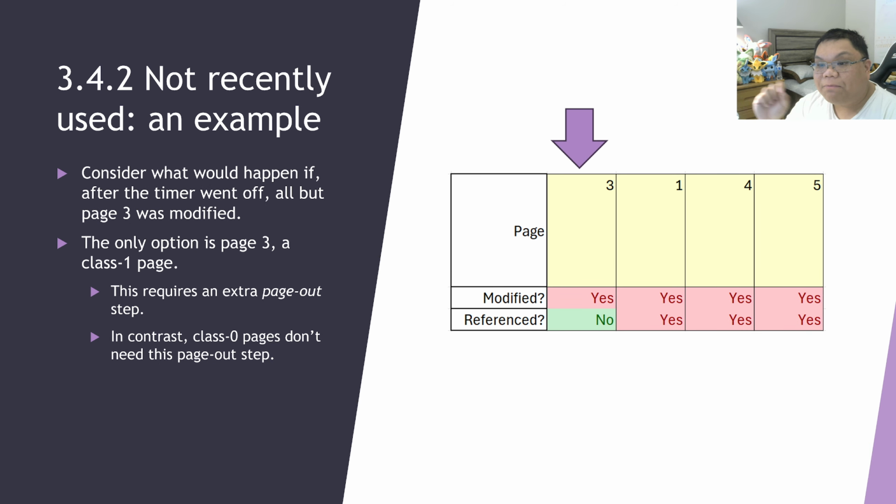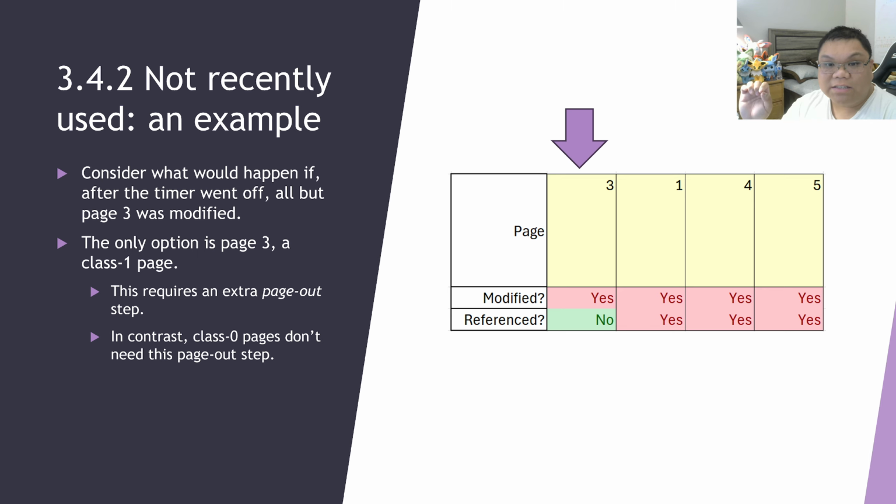Consider what would happen if instead, when the timer went off, all but page 3 was modified. That means, in this example, the only option is page 3, which is a class 1 page. The problem with swapping out a page that is class 1 is, as I said, we have to do that extra step of saving all those changes.